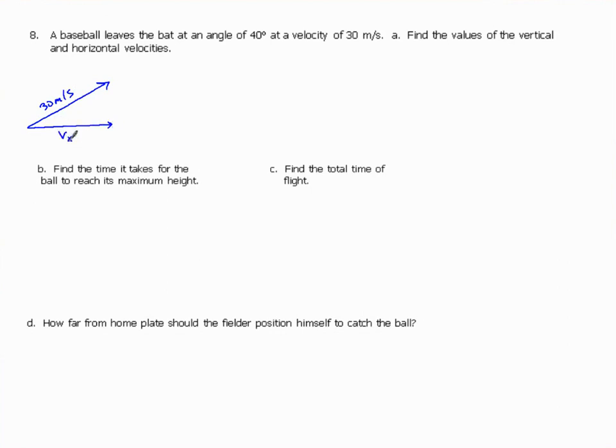Here is Vx, and here is Vy. The angle of 40 degrees is really talking about from the horizontal, because that's the angle we would look at the ball going up instead of going straight horizontally.